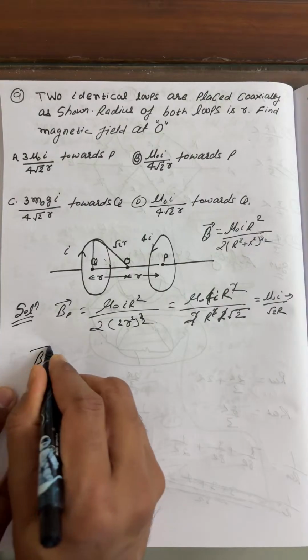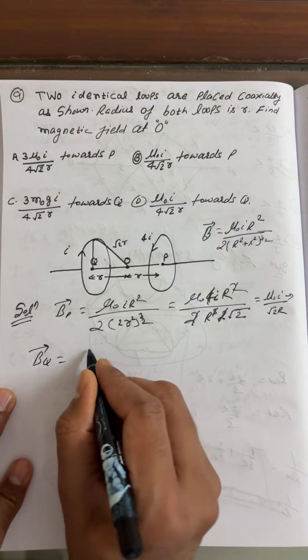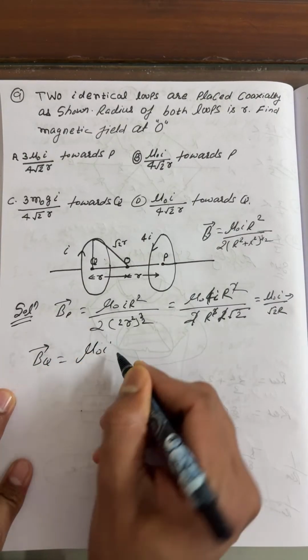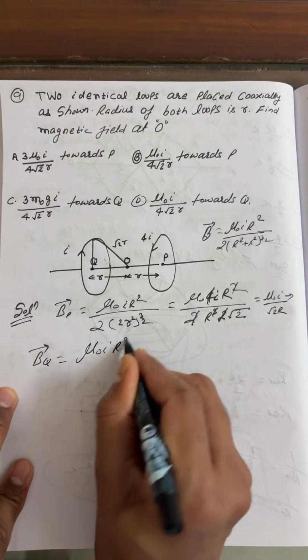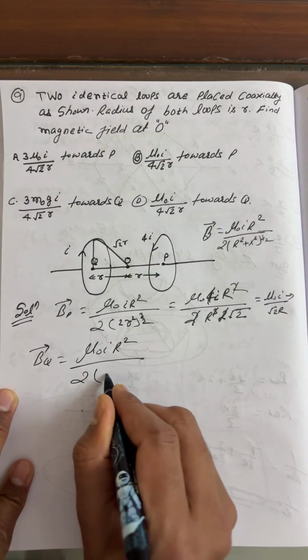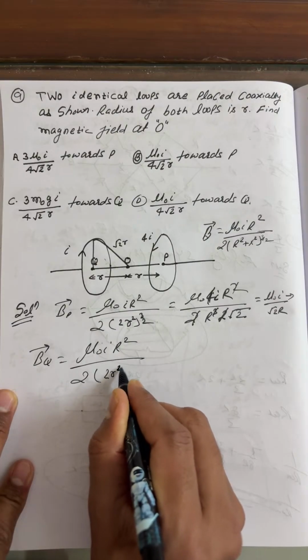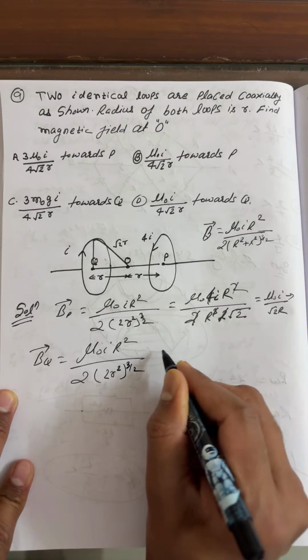Now, students, here you have to calculate the magnetic field at Q. Mu naught into I, I remains I only. This is R square, twice of 2R whole square to the power 3 by 2.